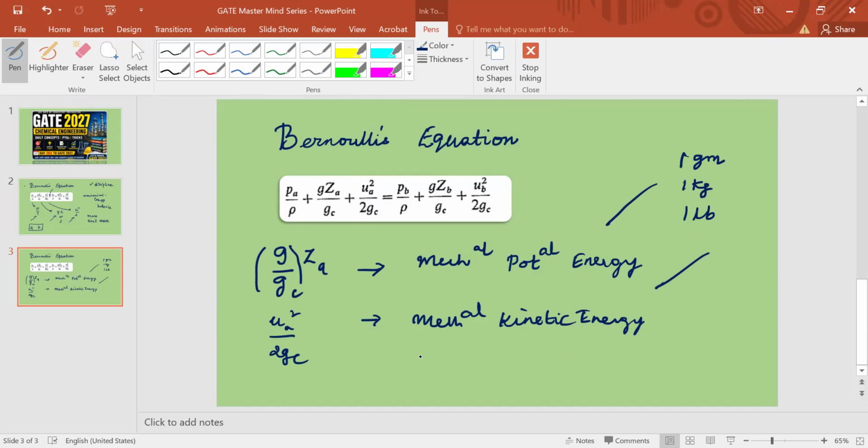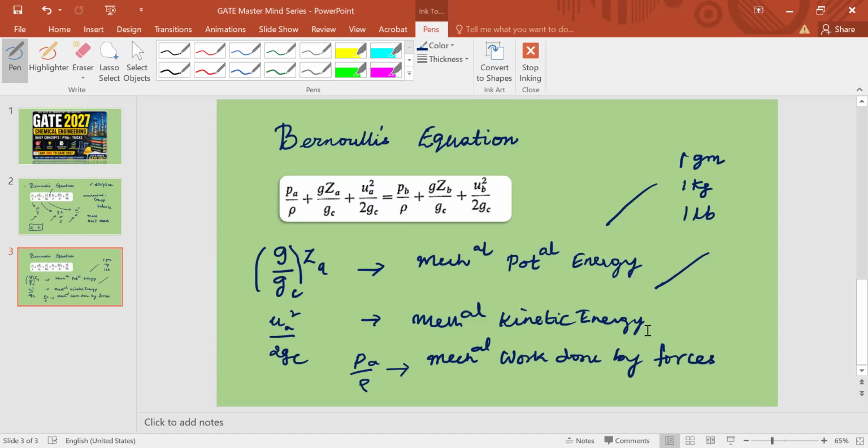Next, you have another concept. What is left is another term, which is PA by rho. So PA by rho represents the mechanical work done by forces. This is known as mechanical work done by forces.